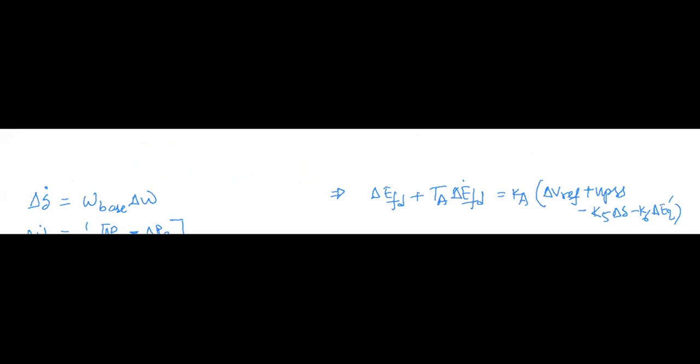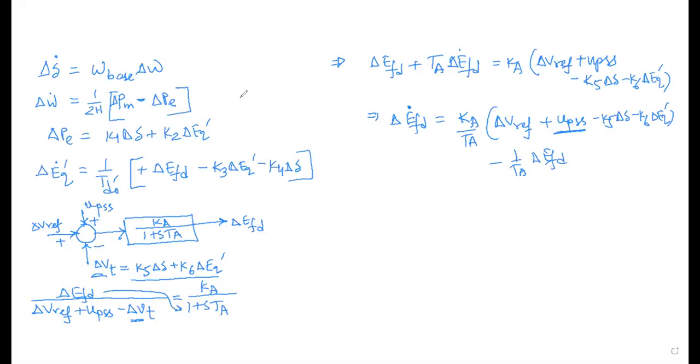So this is how you can get the derivation done for equation number 7, of course with the incorporation of PSS, and now your exciter dynamics is a little bit modified with the presence of UPSS. Once that is done, let's go back to the derivation part and continue with the remaining 2 state equations. Let's try to derive them.